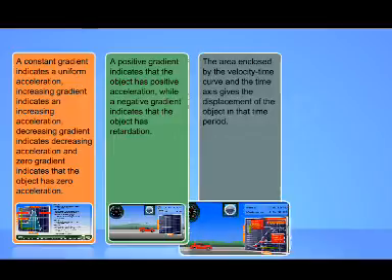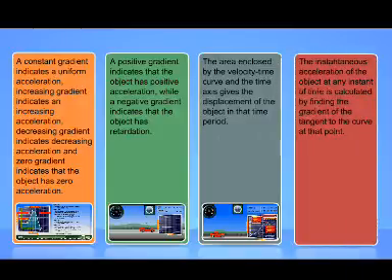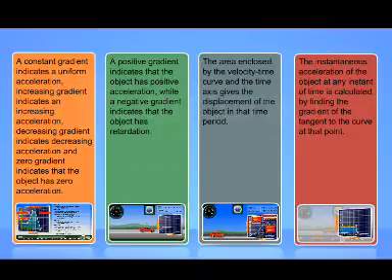The area enclosed by the velocity time graph and the time axis gives the displacement of the object in that time period. The instantaneous acceleration of the object at any instant of time is calculated by finding the gradient of the tangent to the curve at that point.